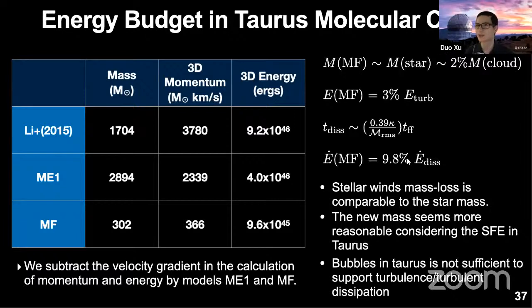That indicates bubbles in Taurus are not sufficient to support the turbulent dissipation. There must be other mechanisms to support the dissipation of turbulence in Taurus.